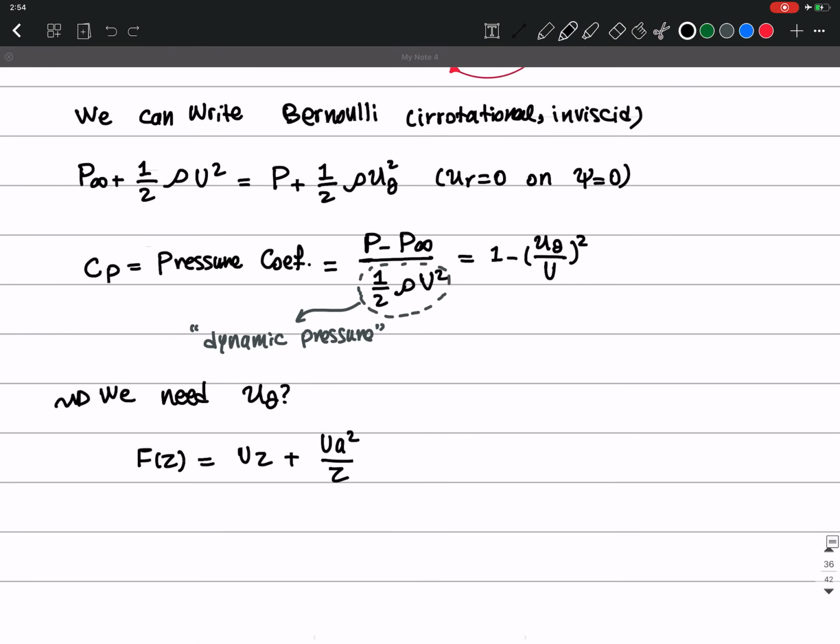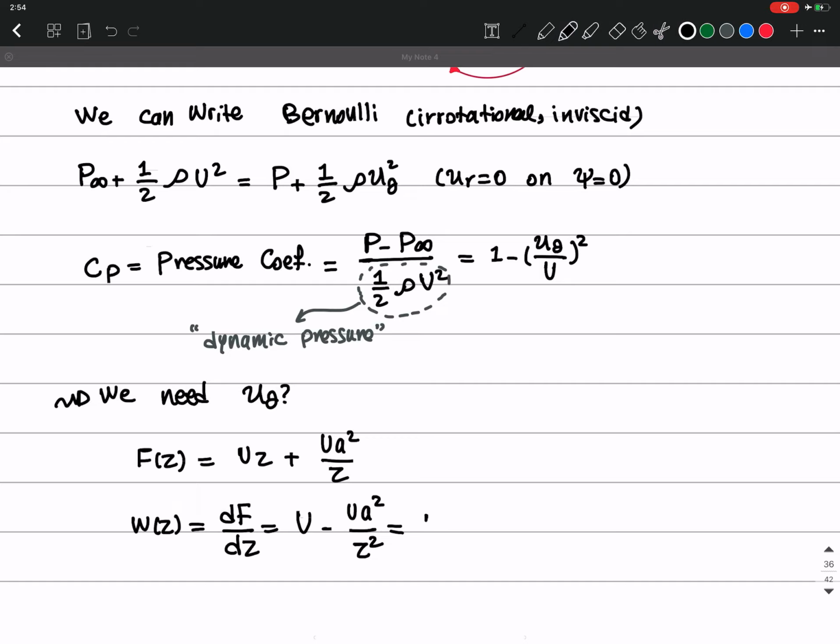And in order to find the velocity U theta, we need to take the complex velocity. So we need to take the derivative of F with respect to z, which is going to be U for the first term, and for the second term minus UA squared over z squared.